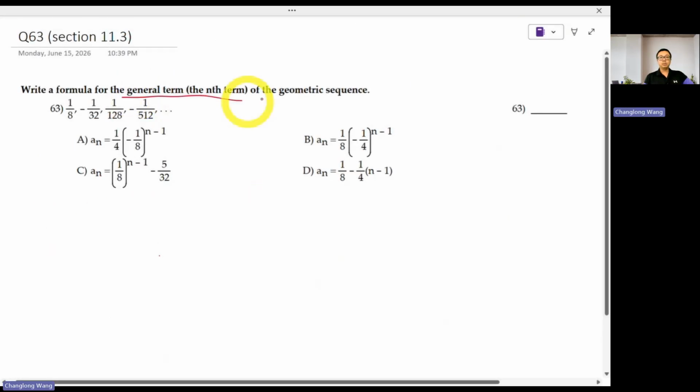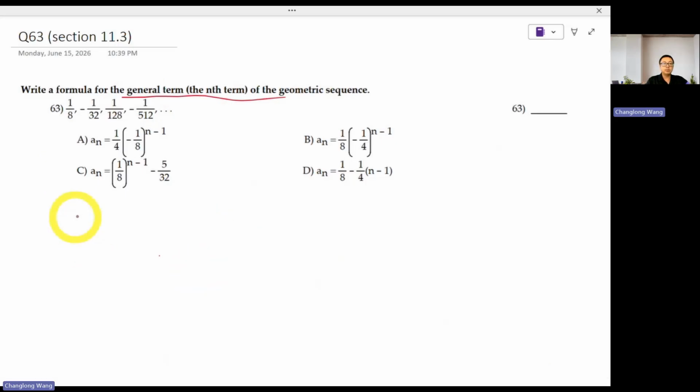All right, so now the nth term for a geometric sequence. So now again, the common ratio is the one you have to get, and we use little r.